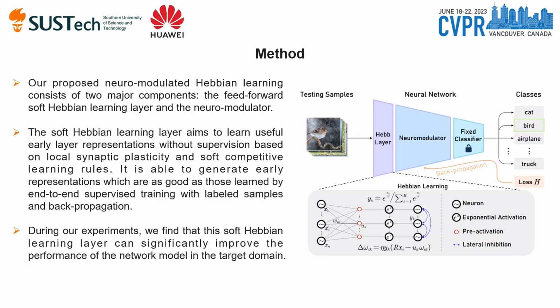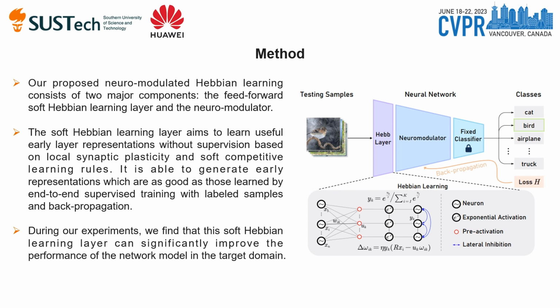Our proposed neuromodulated Hebbian learning consists of two major components: the feed-forward soft Hebbian learning layer and the neuromodulator. The soft Hebbian learning layer aims to learn useful early layer representations without supervision based on local synaptic plasticity and soft, competitive learning rules. It is able to generate early representations which are as good as those learned by end-to-end supervised training with labeled samples and backpropagation.